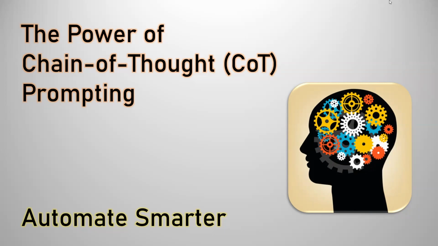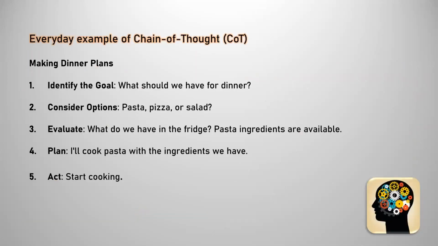Before getting into chain of thought prompting, we will try to understand what chain of thought is. Chain of thought is nothing new to us. Every day we do some kind of chain of thought. A very simple example could be that you want to make dinner. First of all, you will not directly go and make the dinner. You will start by understanding what you should have for dinner. Then you will see the possible options, either pasta, pizza, salad, or whatever you have in your list.